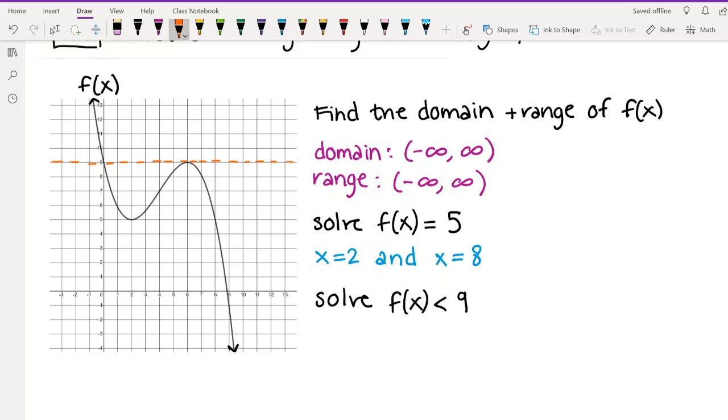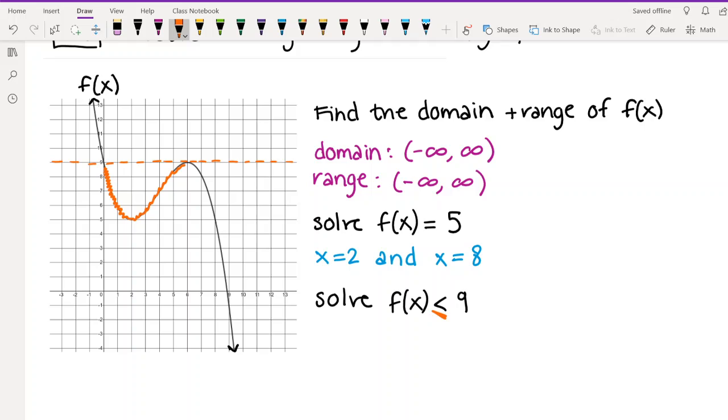We can already see that starting from x is equal to 0, which is at a height of 9, and going all the way up to x is equal to 6, that part of the graph lies below the line y is equal to 9. Now, notice that this is less than.